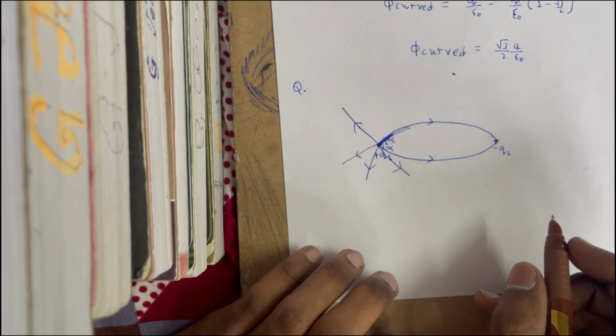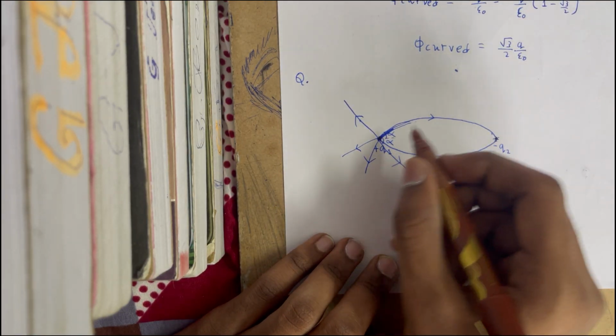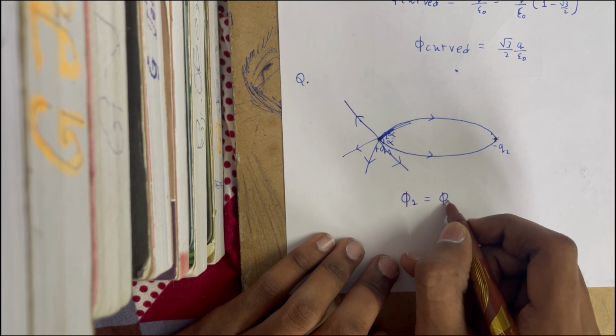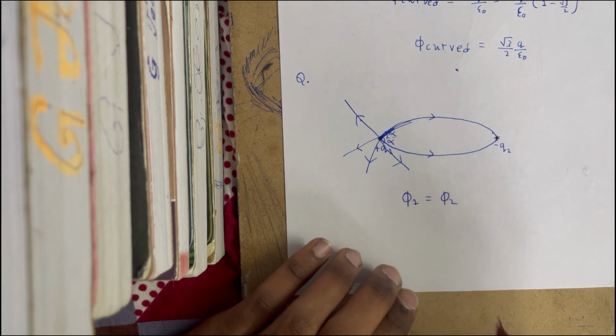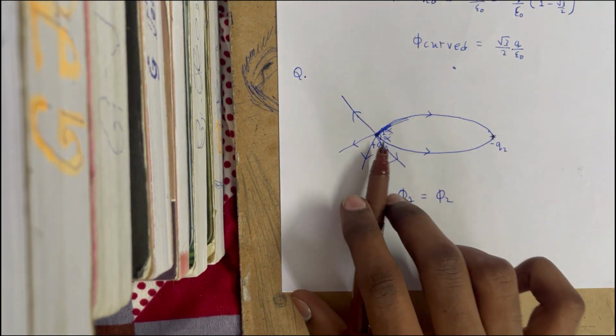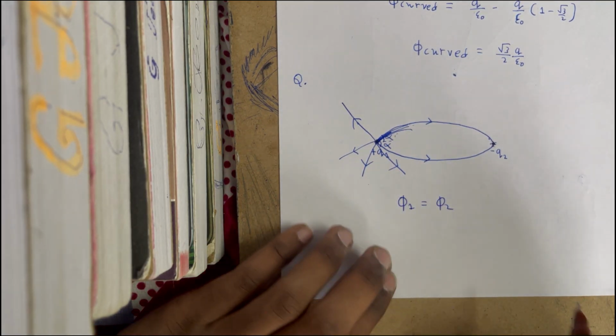So we are going to equate flux here and here. So we should not take the whole flux. We should only consider it for the angle alpha.